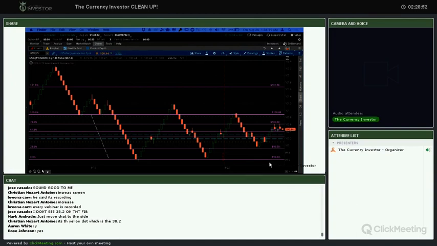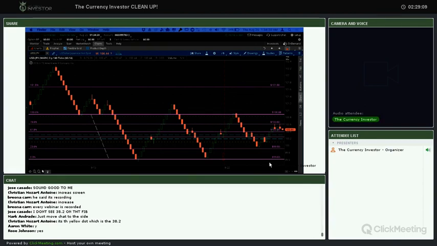Okay, so let's get into it. We have the USD JPY here now. We called something in the group maybe like 2 days ago.